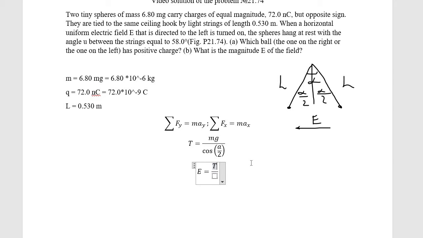So it would be T multiplied by sine of alpha over 2 over q plus the force in the numerator.